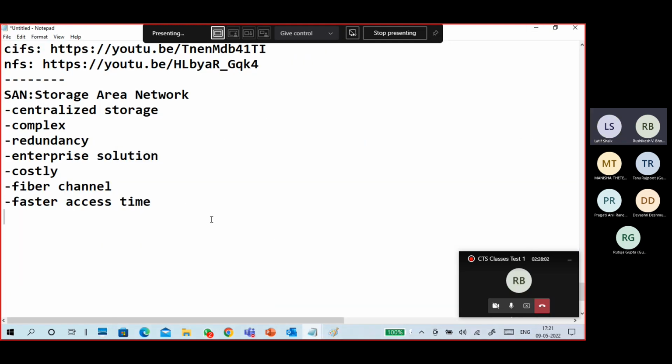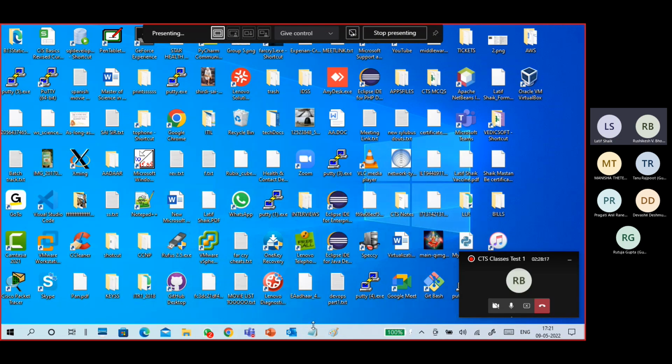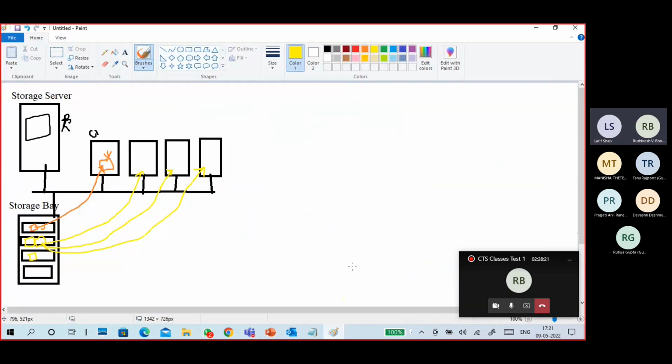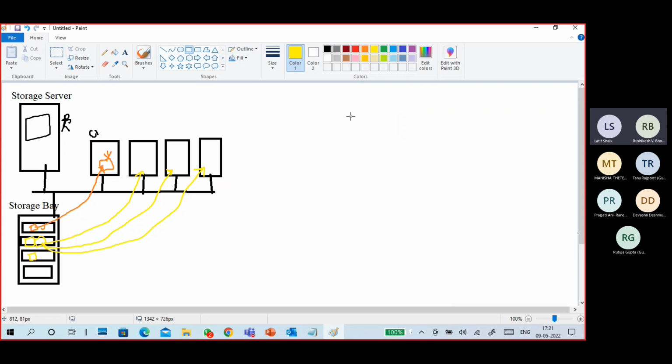One more point: it is block level storage. Do not ignore it, guys. This terminology is always very useful. Storage and backup is always a big challenge for IT companies, so you must learn storage and backups, and the terminology is very important.